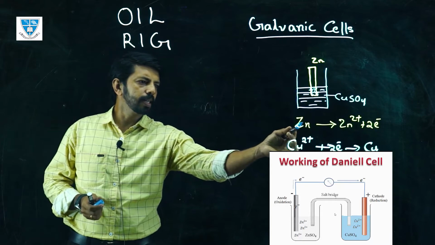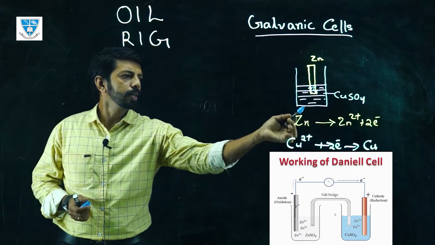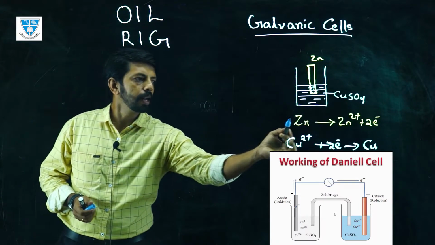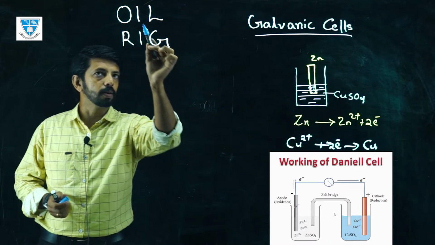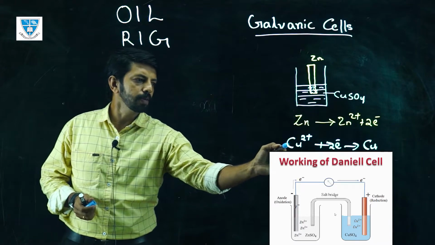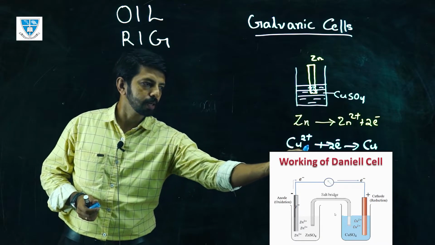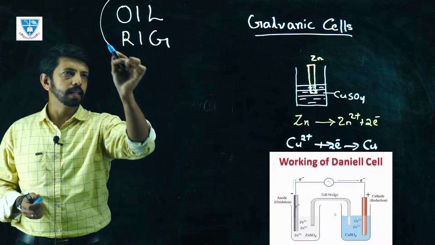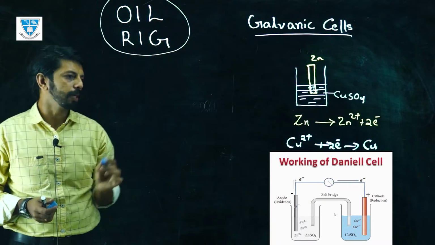In this figure we can see that zinc is undergoing oxidation, because zinc loses electrons. In reduction, the copper is gaining electrons, so copper is undergoing reduction. We can simply remember this using this phrase.